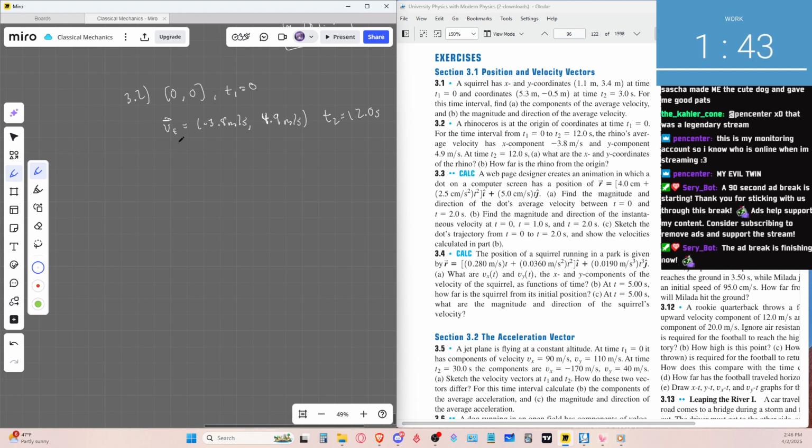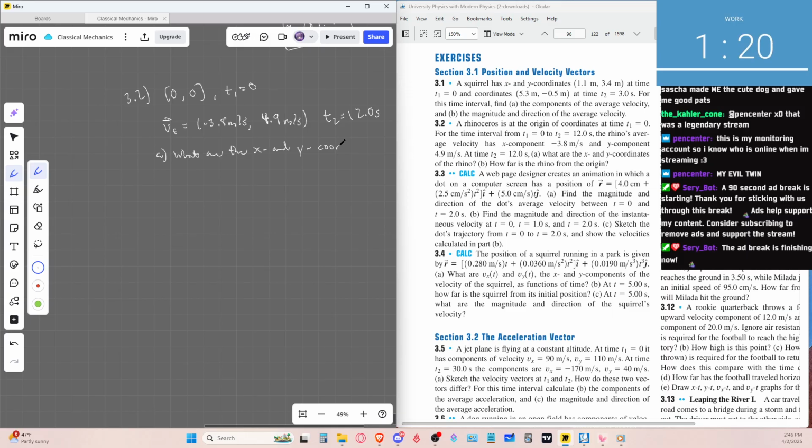Okay, so the question is, what are the x and y components? Oh, I should say, it says coordinates.